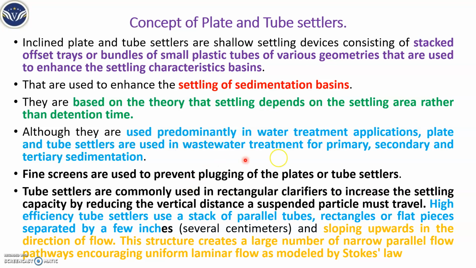Predominantly they are applicable in primary, secondary or tertiary treatment. So you can use this in a water treatment plant as a primary sedimentation tank, or as a secondary, or in tertiary also. To prevent plunging, we provide a fine screen just ahead of the plate or tube settlers.